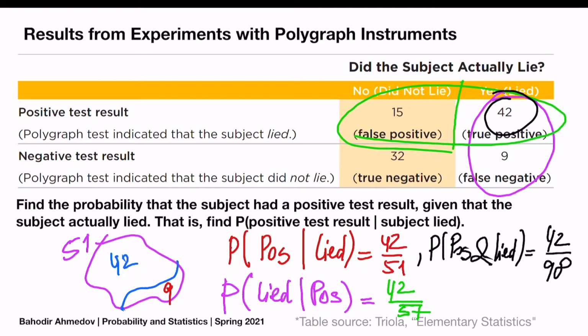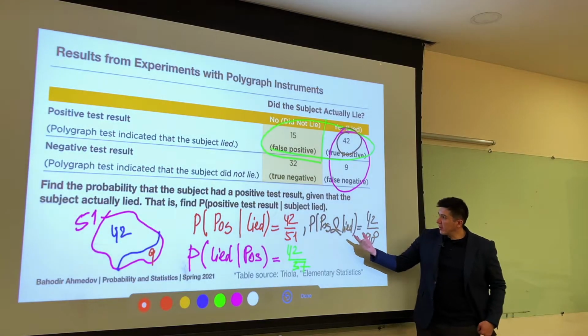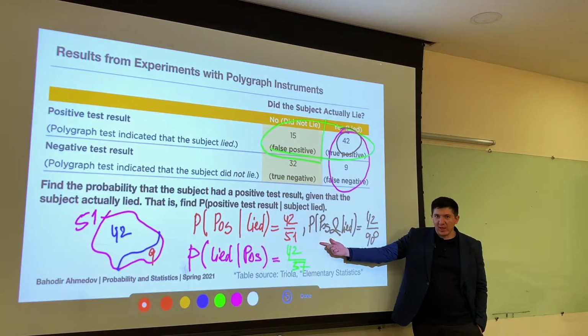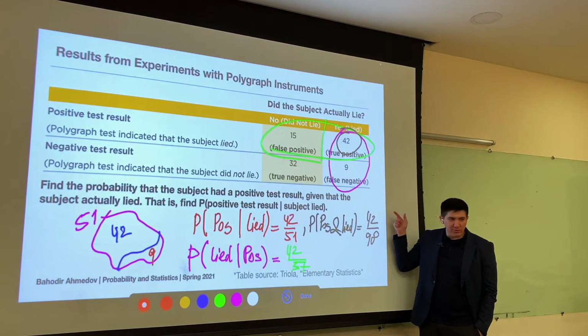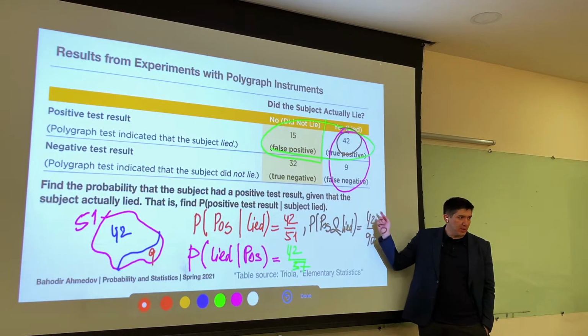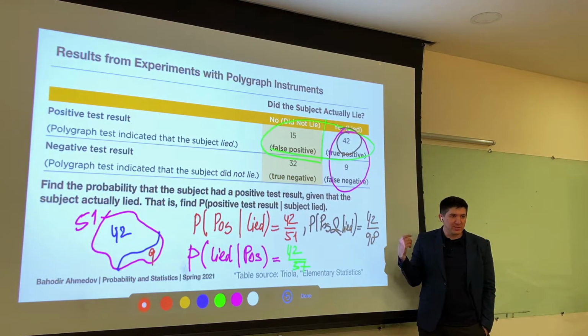Okay, this is going to be the intersection. 42 is the number of the subjects who lied and who had a positive test out of all of the 98. I hope that you feel the differences in all of these cases.